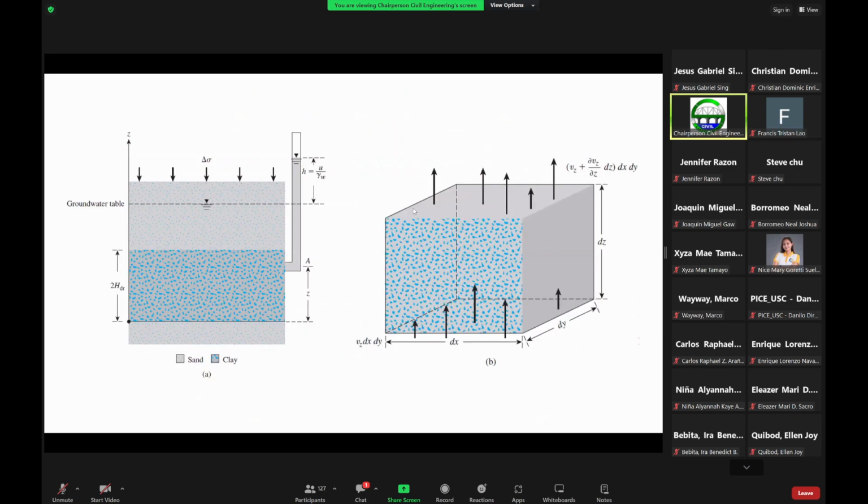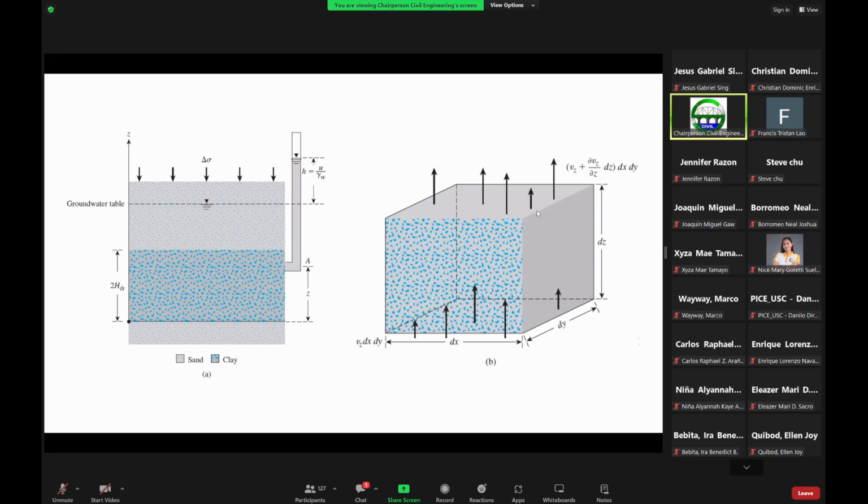So this figure here shows a prismatic element. If you now try to enlarge a certain soil element here at point A, so this is now an enlarged soil element. So this element has the dimensions dx, dy, and dz.